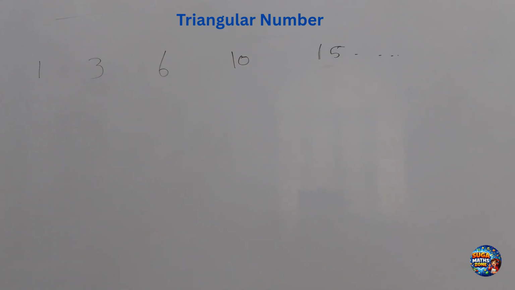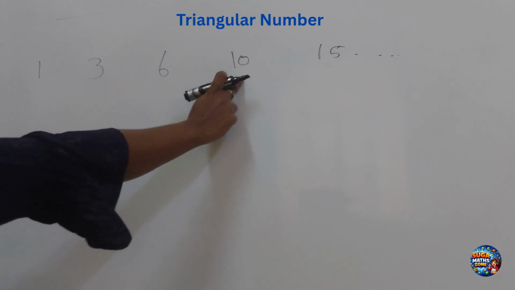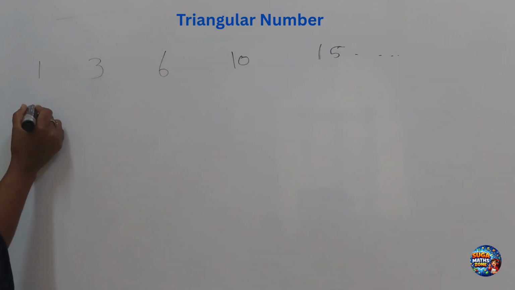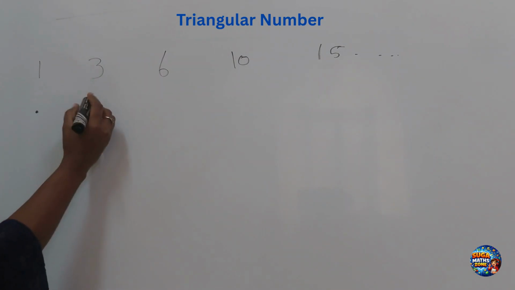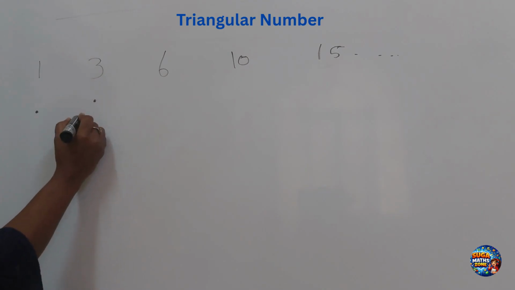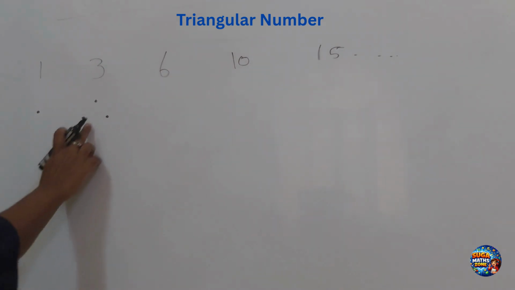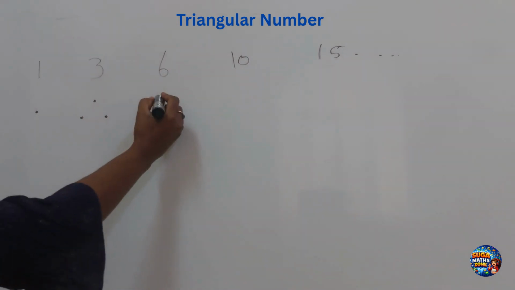Next one is triangular numbers. Triangular numbers are 1, 3, 6, 10, 15 and so on. So here 1 means 1 dot. 3 is 3 dots. This is the triangular sequence. So the dots are formed using triangular patterns.